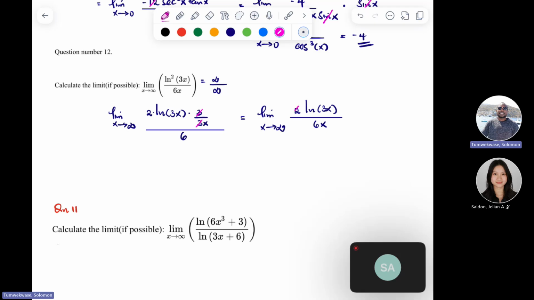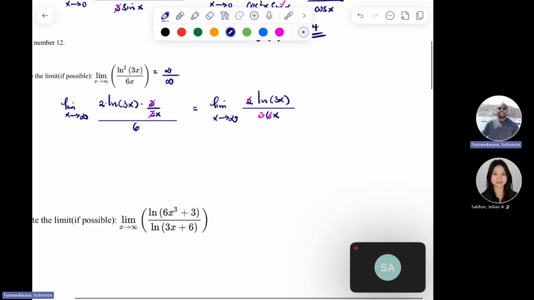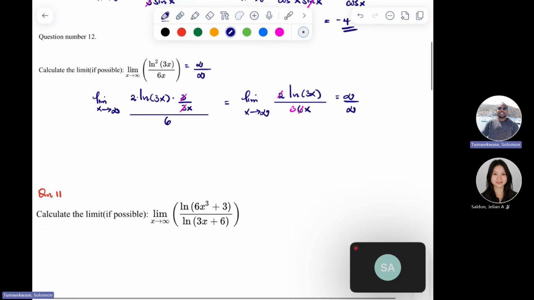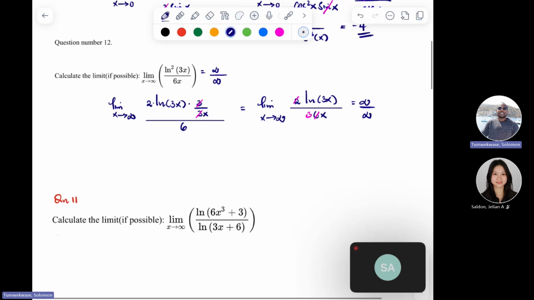This 2 can reduce this by 3, and I have natural log of 3x over 3x. Now, when I take the limit of this, still I see that I get infinity over infinity, and therefore I take L'Hopital's rule once again.